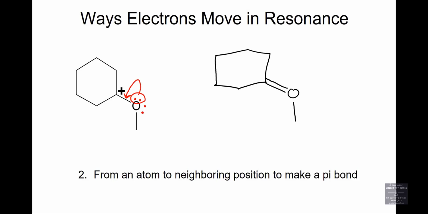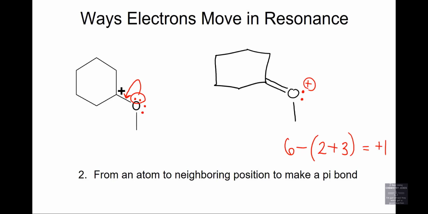So oxygen had 2 lone pairs, but we took one of those lone pairs to share with the carbon, but 1 lone pair remains. So if I do a formal charge counting for this oxygen, he's in group 6, he's got 2 electrons as a lone pair, and he's making 3 bonds. He's a +1. So that oxygen is now a +1.